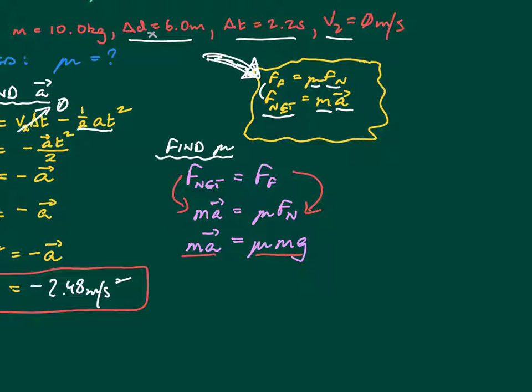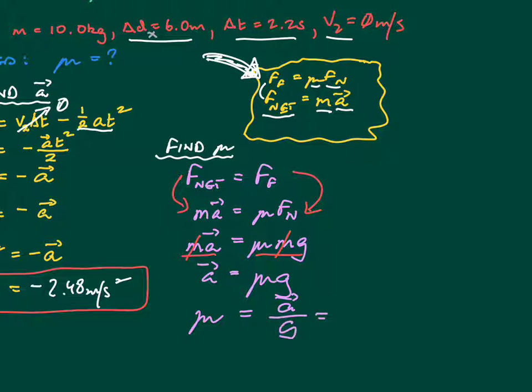Remember, we're trying to solve for mu. Well, hopefully with your mathematics background, you can see if there's a variable on either side of the equation, we can simply cancel it. And so we get a new equation, which says that A is equal to mu g. And therefore mu is equal to A over g.